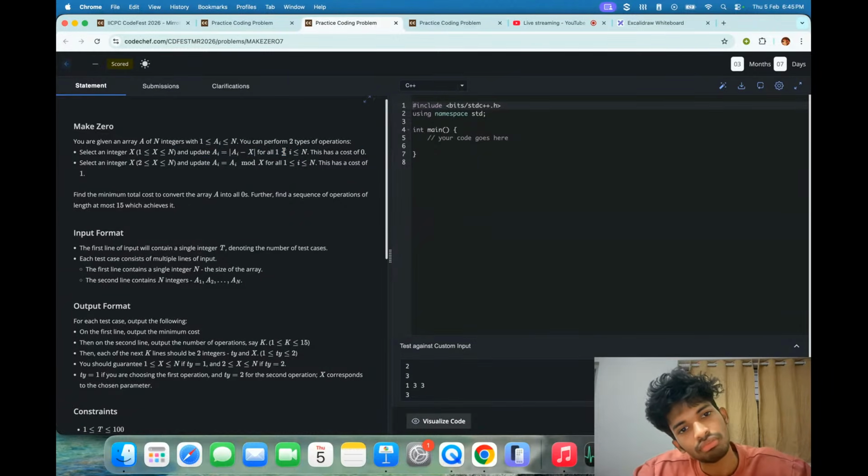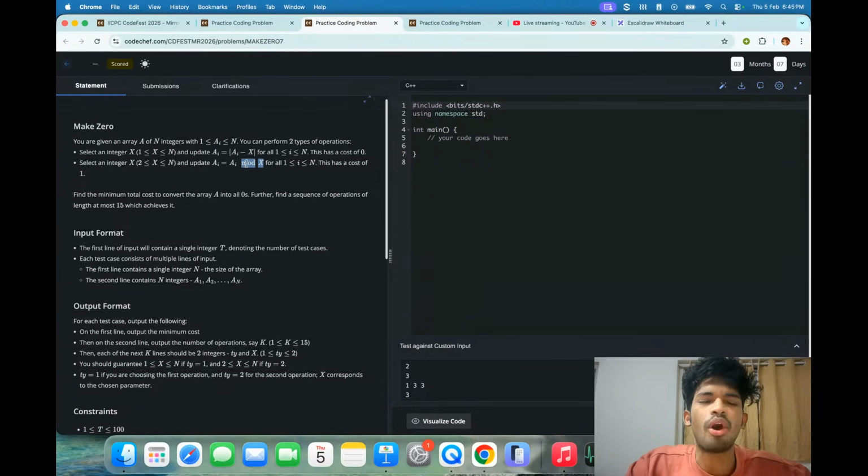Okay. Or you can do this modulus of x. See, ai mod x is nothing but, if you do the above operation so many times, can you attain mod x?